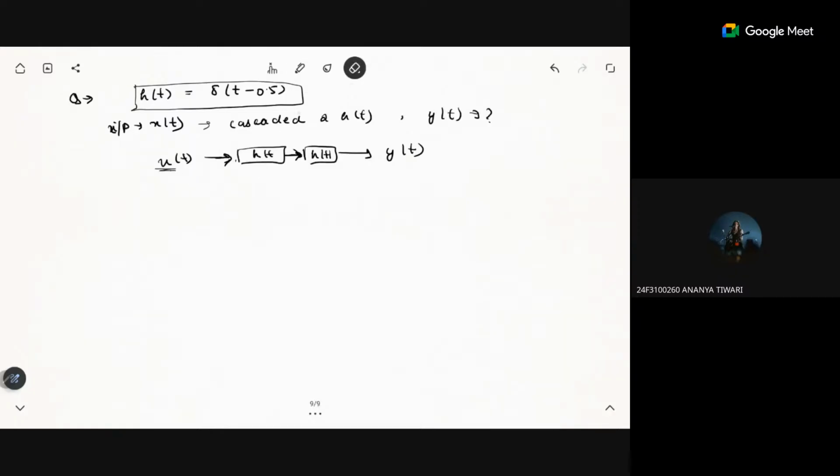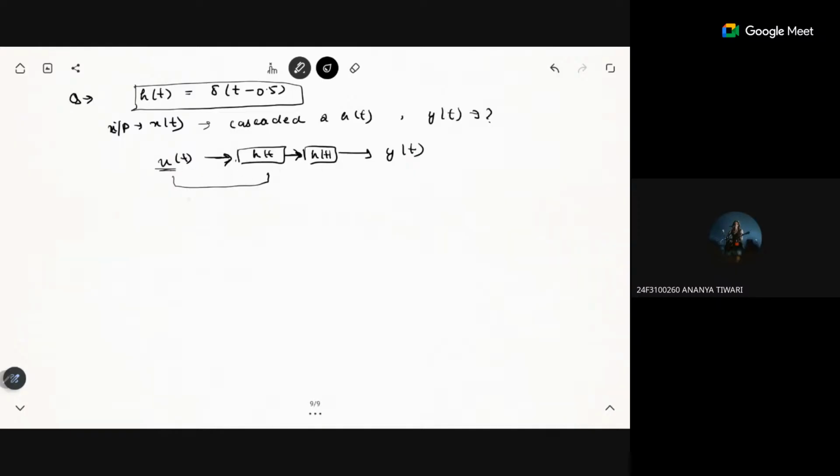If we do it once, then we will get x of t minus 0.5. Yes. Okay, so we will solve this step by step.